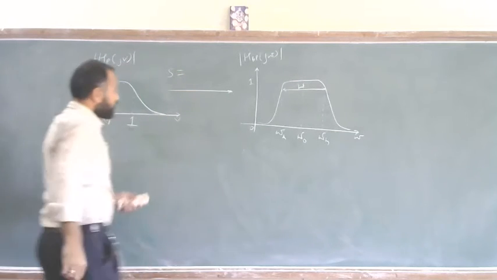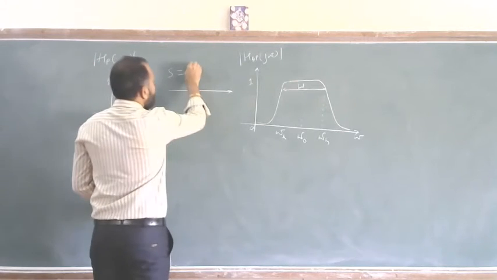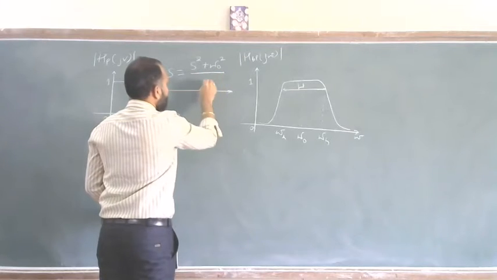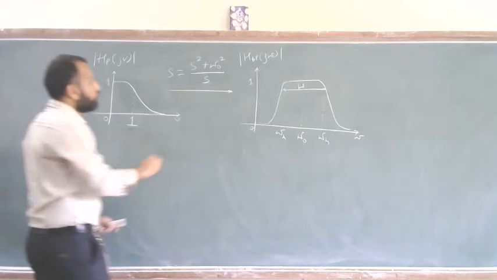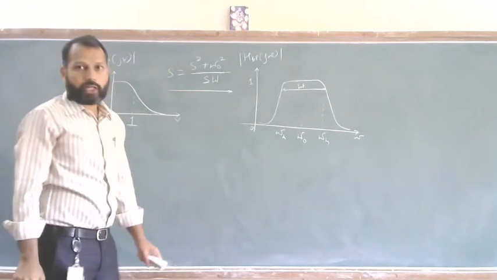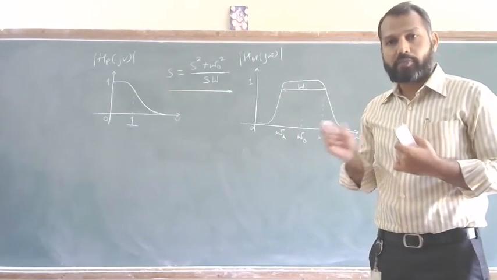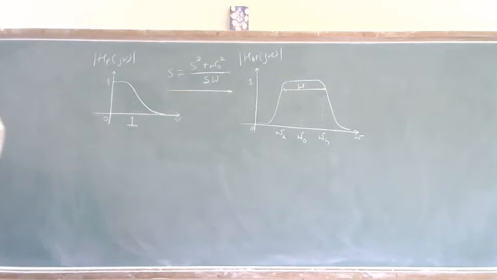In place of S, we'll substitute S square plus omega 0 square divided by S into W, where omega 0 is the geometric center frequency of the passband, and capital W is the passband bandwidth.